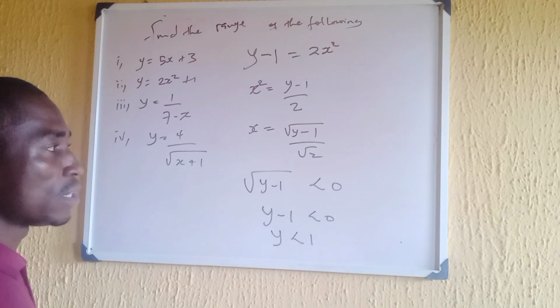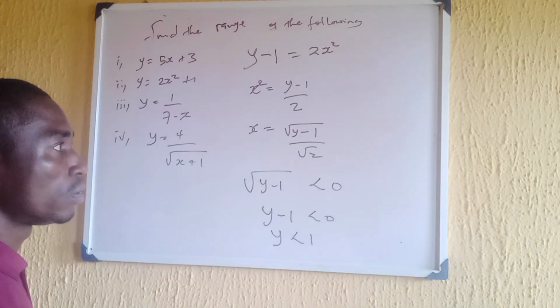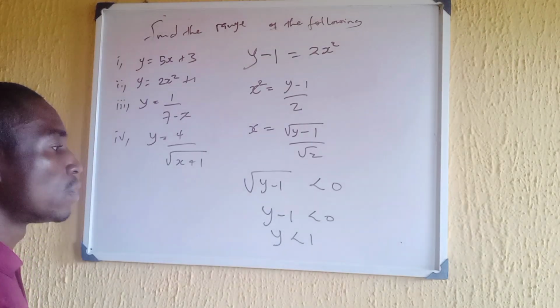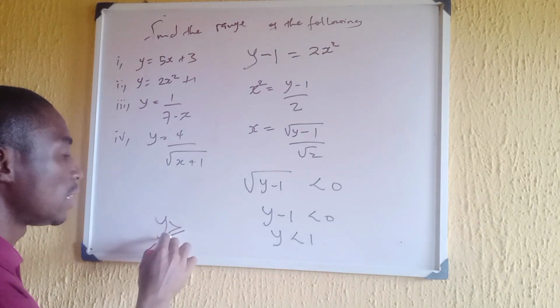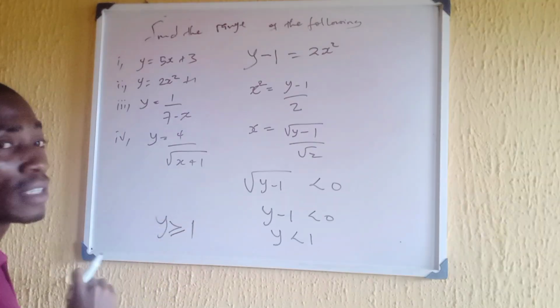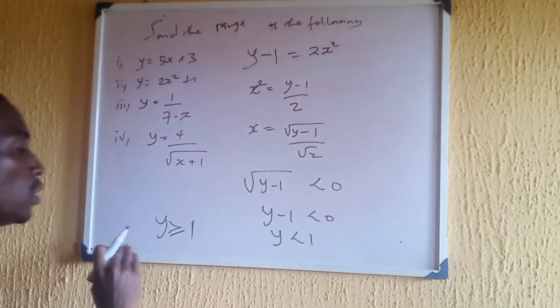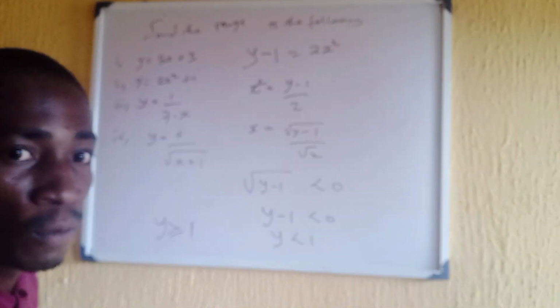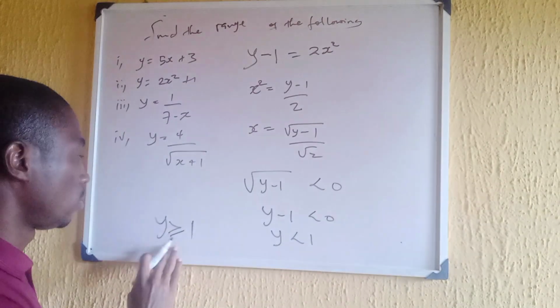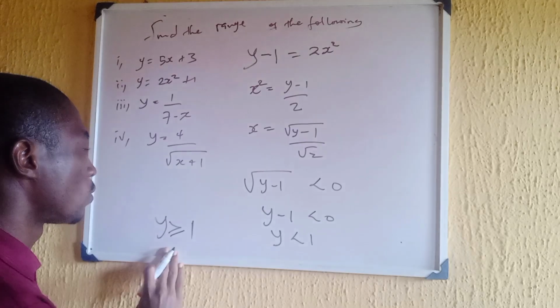So there's no other condition. y can be 1, but not less than 1, meaning that y is greater than or equal to 1. So you can see that any number we put here from 1 and above will give us an output.